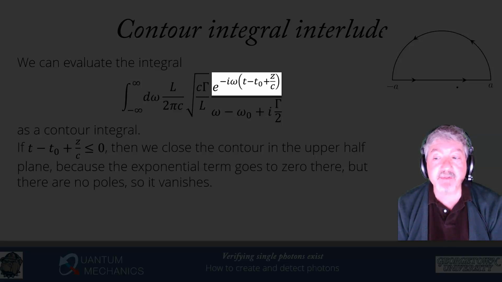And when I take i times a positive number and multiply it by i times a positive number, I get minus a positive number. So that function is going to behave like a decaying exponential. And as omega gets very, very large, it's going to decay to 0. And then I really will be just adding 0. So that's why we close the contour in the upper half plane when we have t minus t0 plus z over c less than or equal to 0.